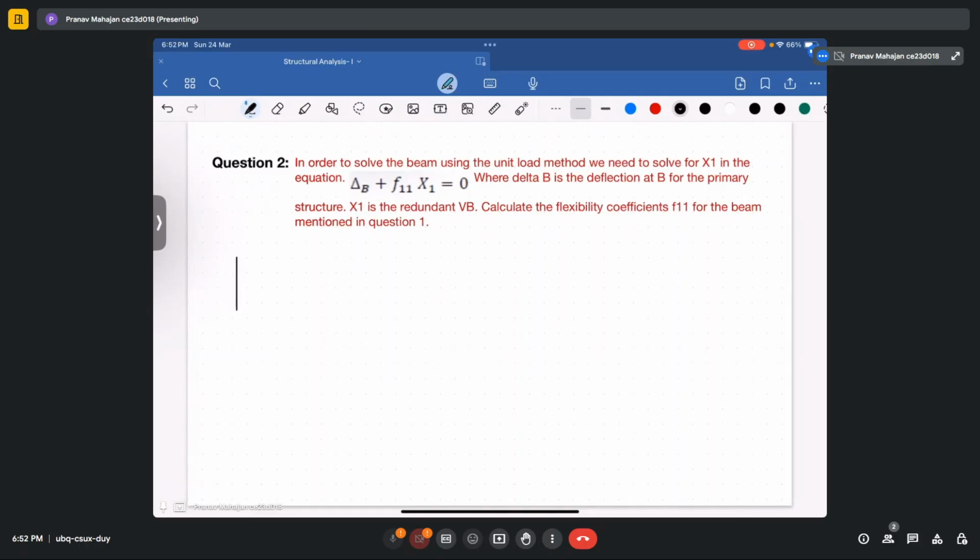We have to take the beam, apply a unit load where the redundant deformation is occurring, and then calculate the vertical displacement at B for this unit load.